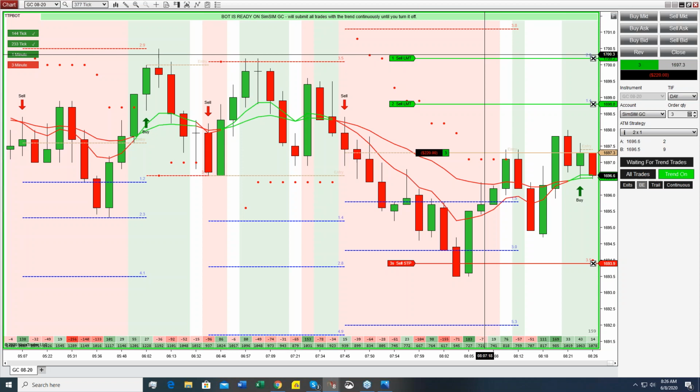Gold probably pulls back to 96, 95.9. That's what it looks like. I still like it longs. Three-minute did not go into a long. I'd like to see that 3-minute turn up. Gold is long on the hourly. It's long on the 30 minutes.